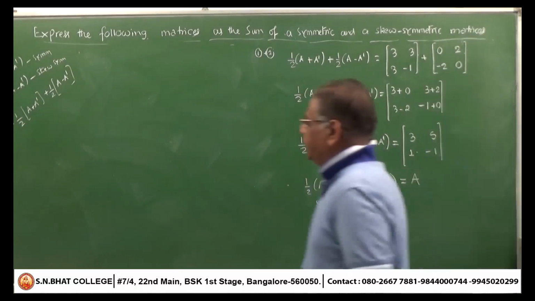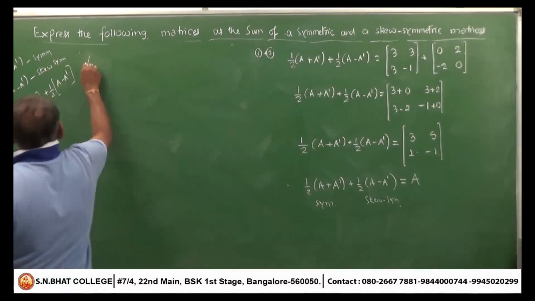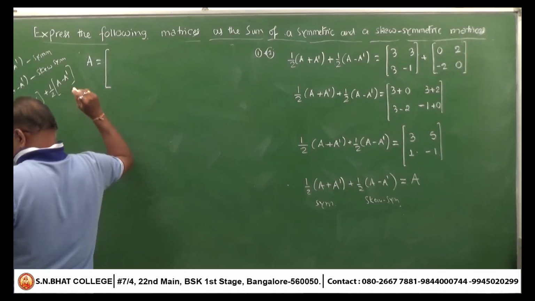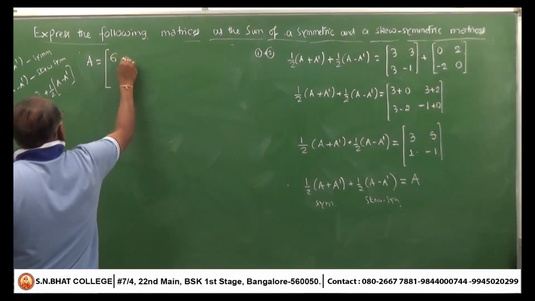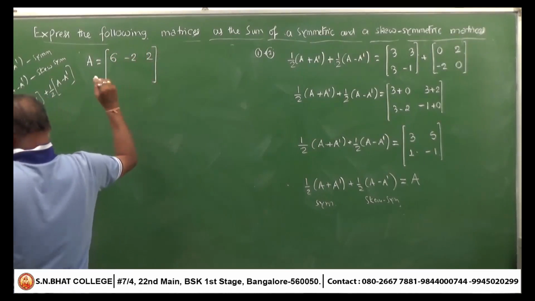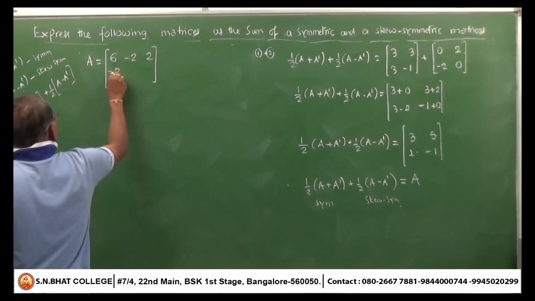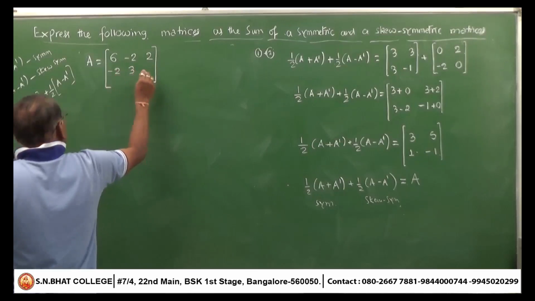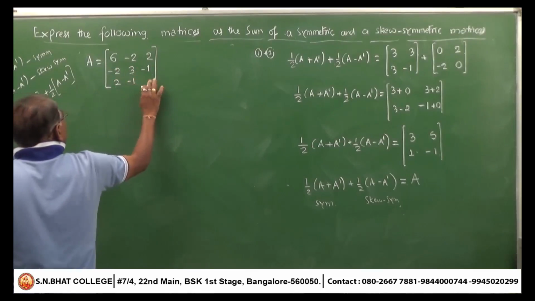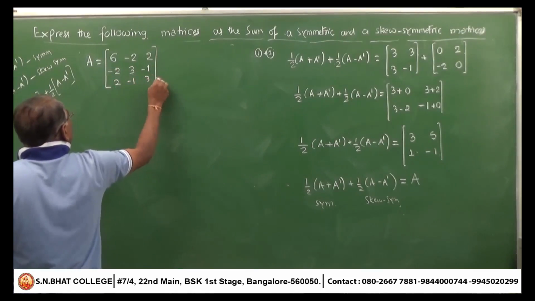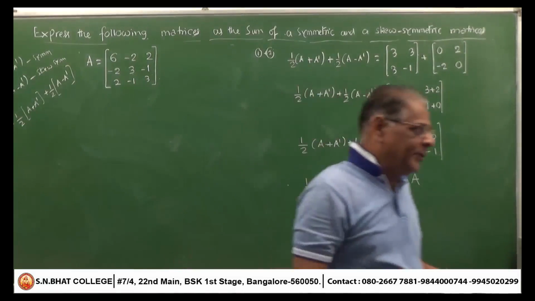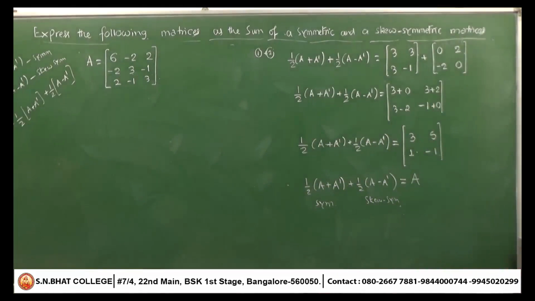Take the next problem. A is equal to 6 minus 2, 2; minus 2, 3 minus 1; 2 minus 1, 3. Express this as sum of symmetric and skew symmetric matrix.